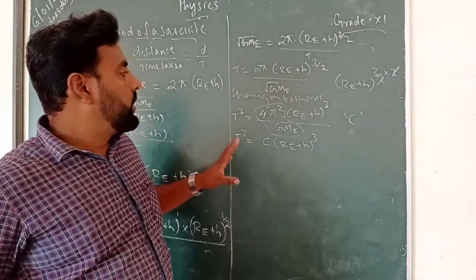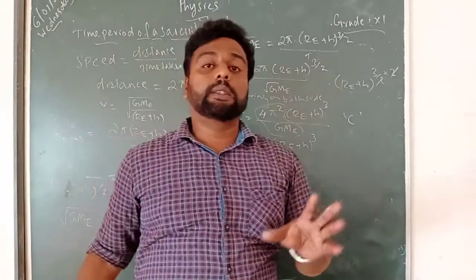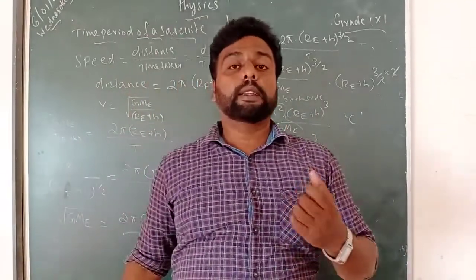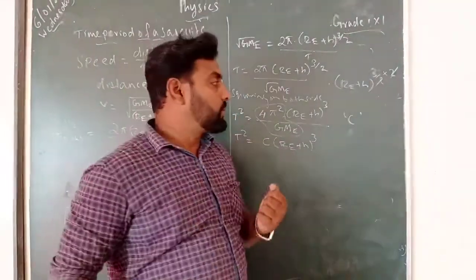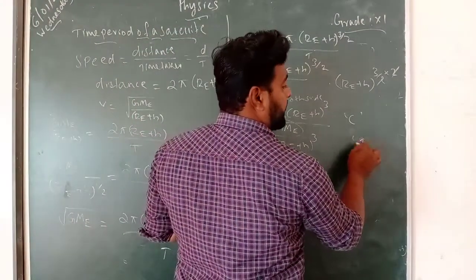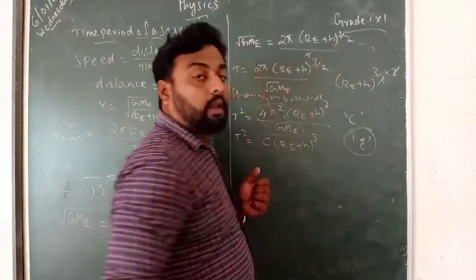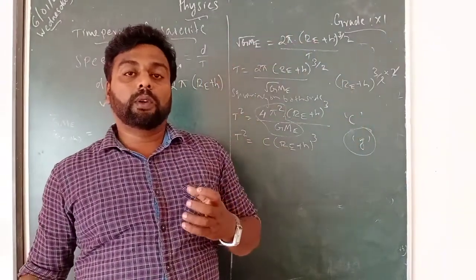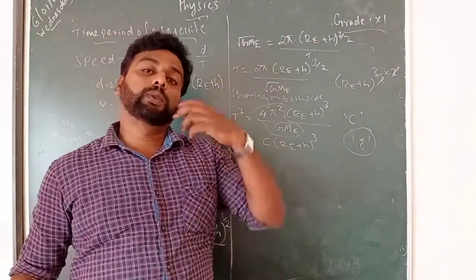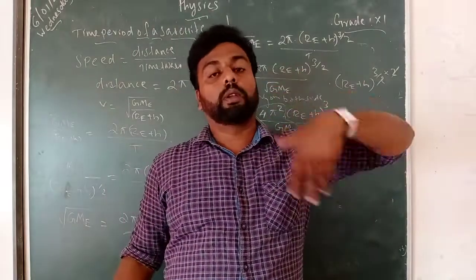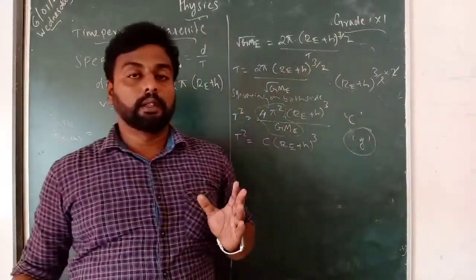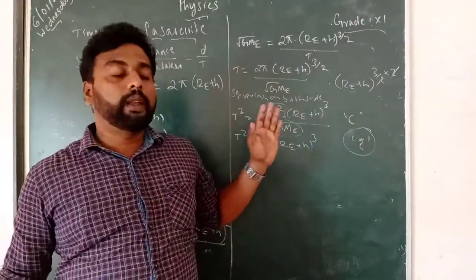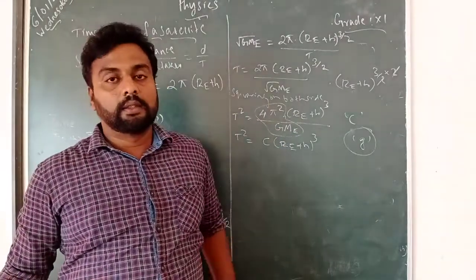Now you have to write this equation in terms of g, gravitational force. Because this gravitational force is providing the centripetal force for this satellite to revolve around this earth. So we need to find out the time period in terms of this g.